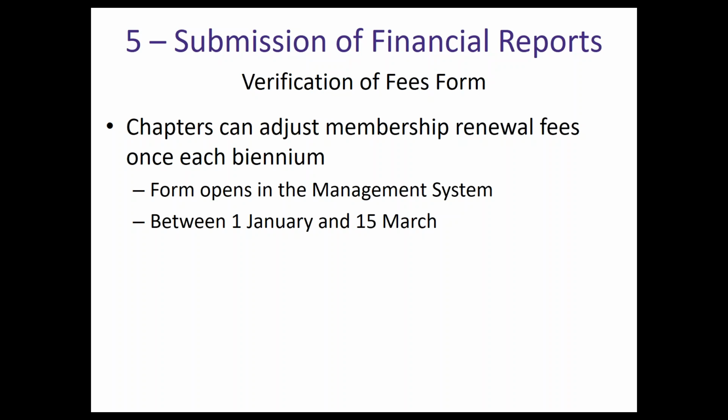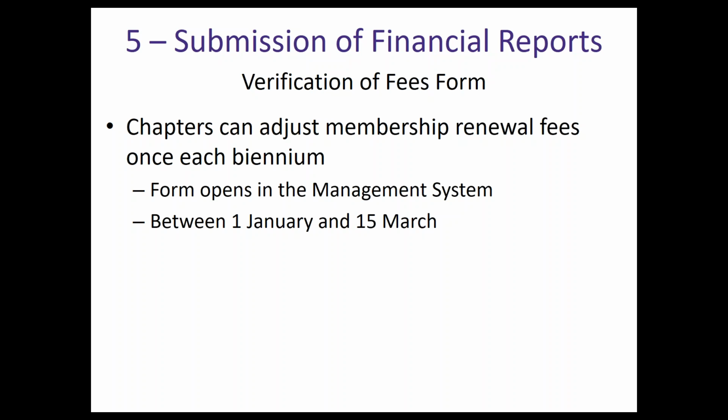So this is another thing that you'll want to make sure you have documented within your policies and procedures. You might decide, let's just slowly increase our dues every biennium. So even if that means 10 cents here and there, just to slowly and get members used to those incremental changes.